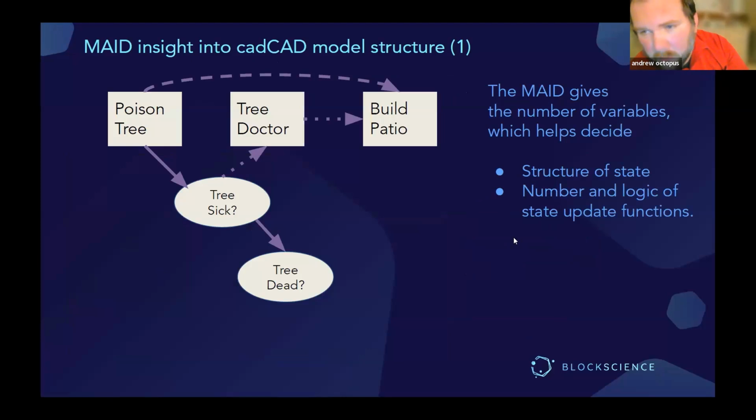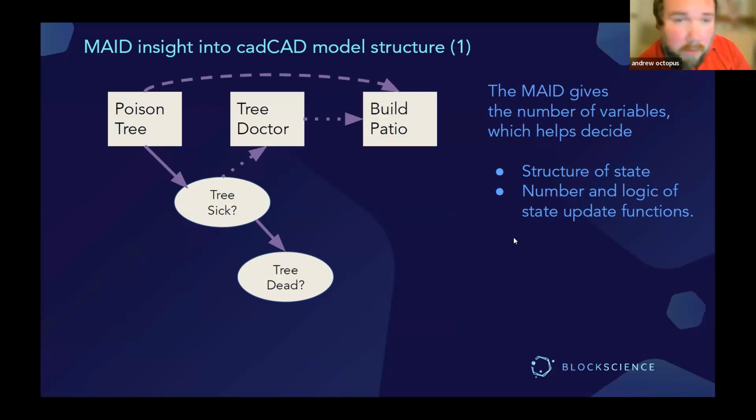So from a modeling perspective, if we choose to use the MAIDs representation as the jumping off point for our GDS, for our cadCAD model, you can already see a specific structure that this would enforce. You can see, for instance, which decisions will update which variables and the order in which those variables will need to occur.